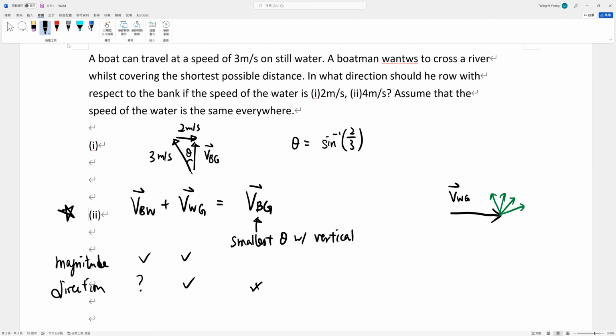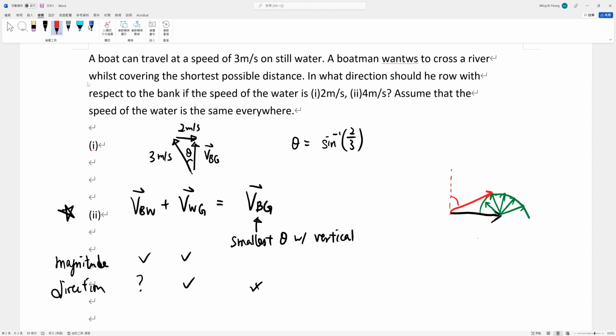Hold on, let me show. I still draw a semicircle here. It should be the one vector which is tangent to this semicircle. This one will have the smallest angle with the vertical.